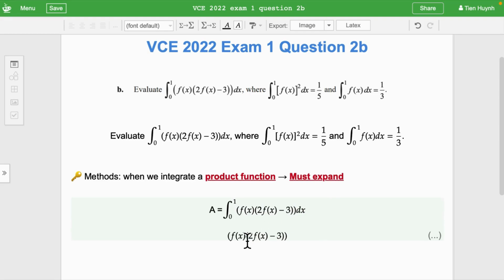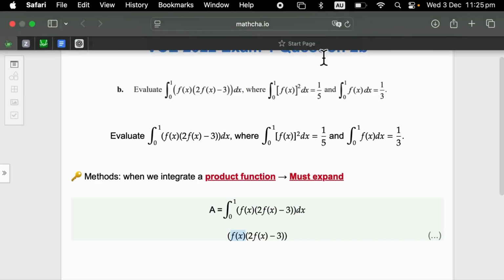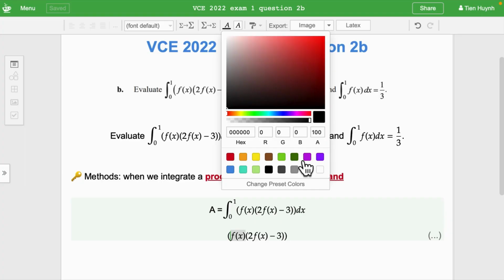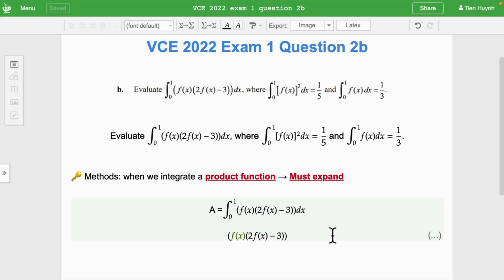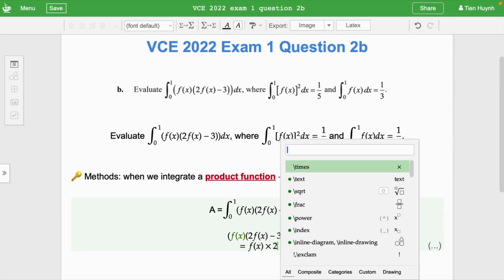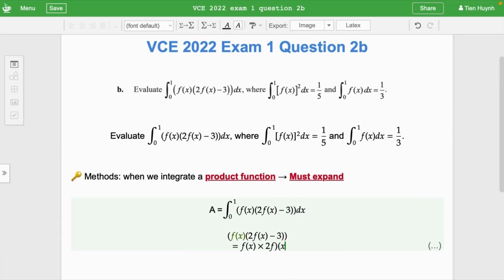This is a product between the function f(x), which has been multiplied by this bracket here. This f(x), I will make it green. Now when you expand it, we will have f(x) times 2f(x), and then minus 3 times f(x).